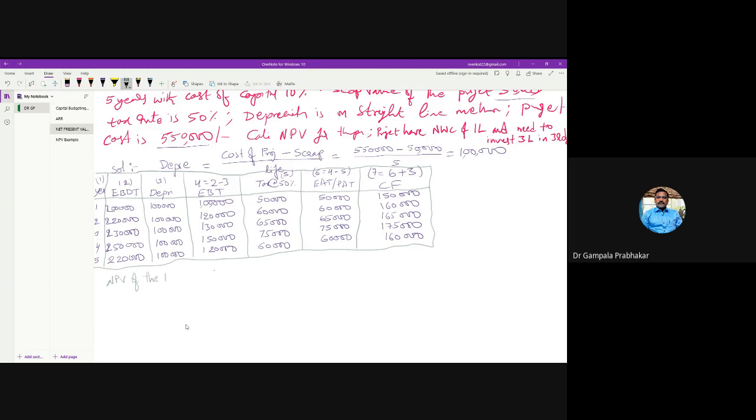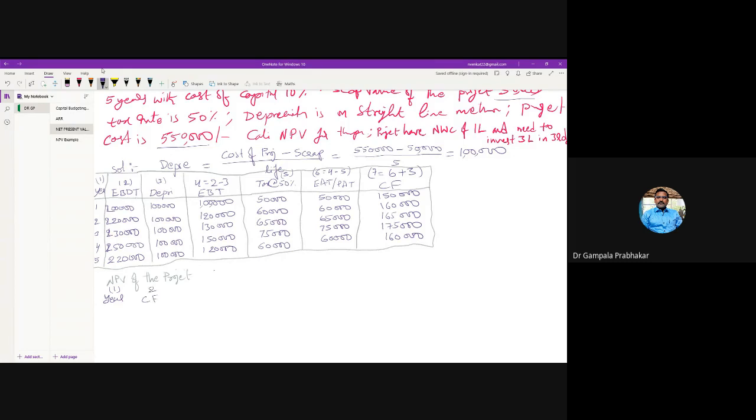NPV of the project. So here the first column is year. Second column is cash flows.